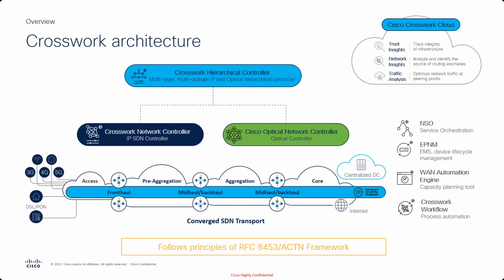Later on, I have a slide showing why we are still keeping the discrete components and this integrated architecture, but I think you can pretty much imagine it. The integration of all of them brings a lot of benefit to the end-to-end workflow that a customer may have in his network.